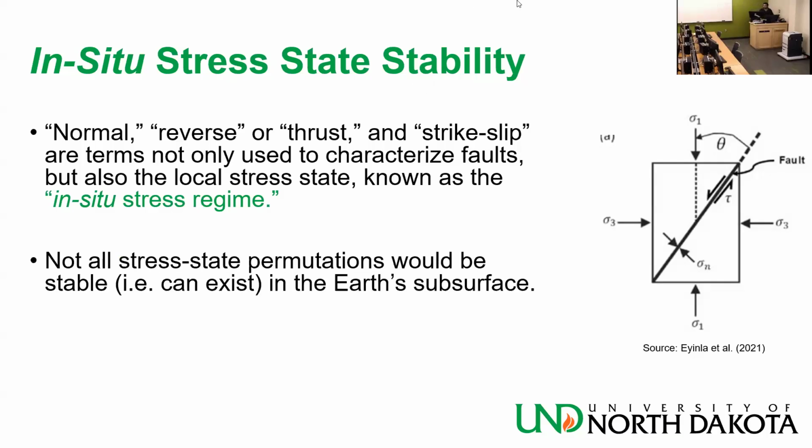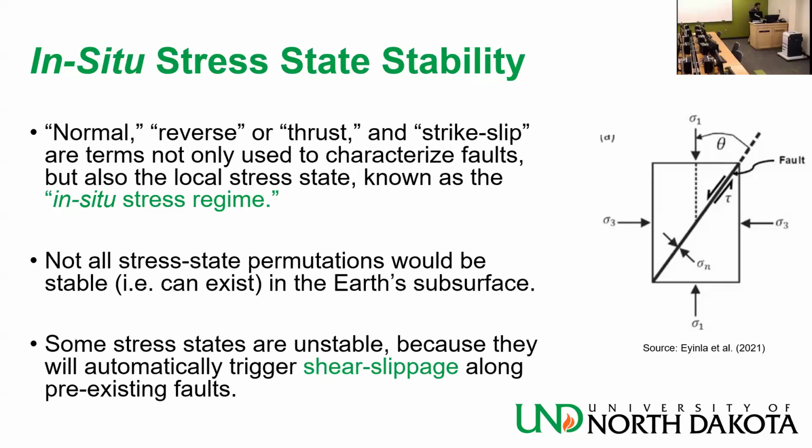But not all stress state permutations would be stable in the Earth's subsurface. And the answer is that there are some stress states that, if you have them, will automatically trigger shear slippage along pre-existing faults.